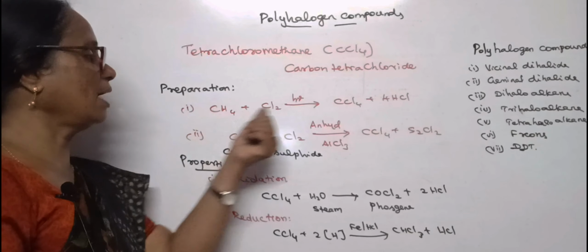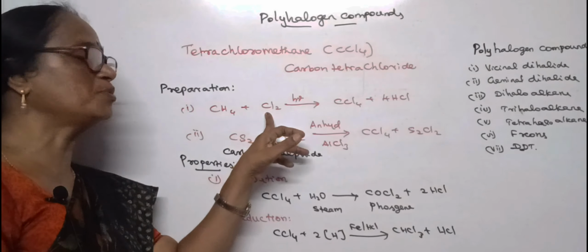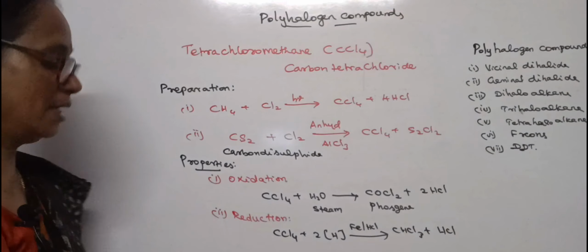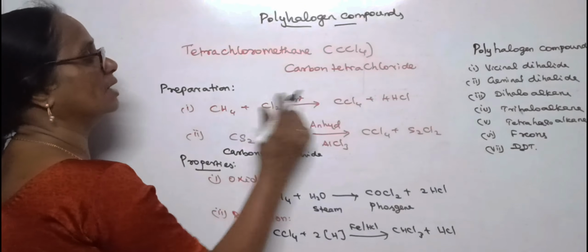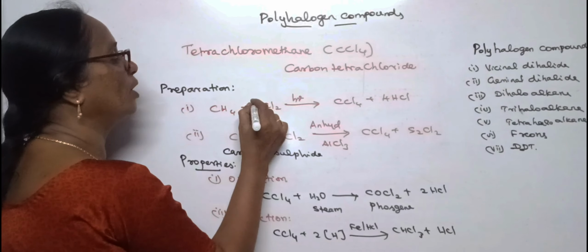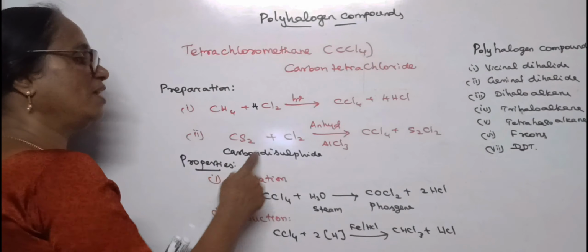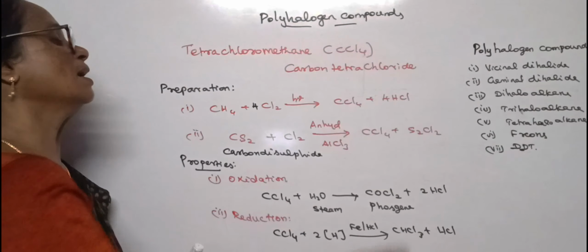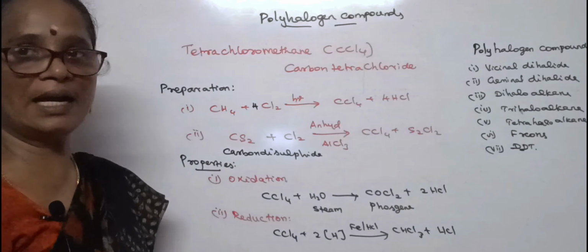When you take methane in the presence of sunlight, all 4 hydrogen atoms can be substituted by 4 chlorine atoms, and hence we get carbon tetrachloride with hydrogen chloride. As it has 4 HCl and 4 chlorine, this should be taken 4 times. When carbon disulfide is treated with chlorine in the presence of anhydrous aluminium chloride, that too forms carbon tetrachloride along with disulfur dichloride.